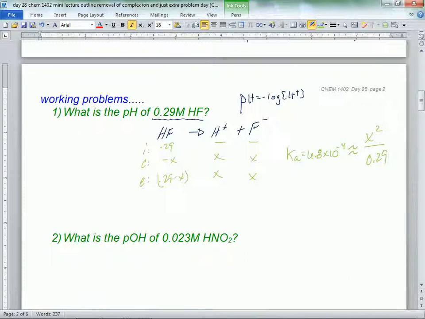So go ahead and work on these together. Any component you get stuck on, just ask.